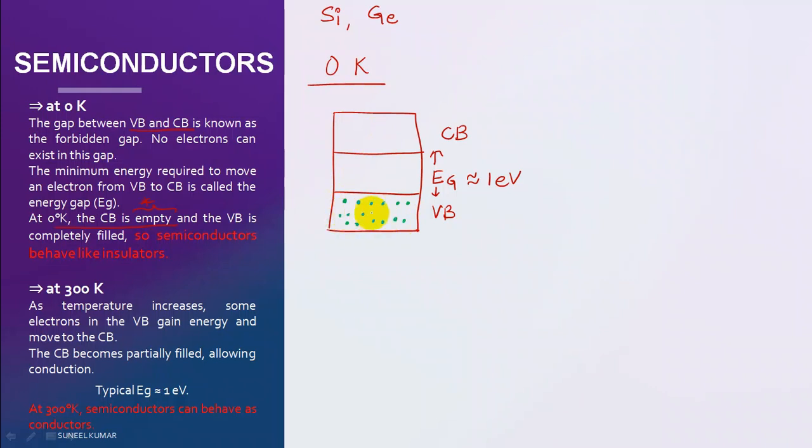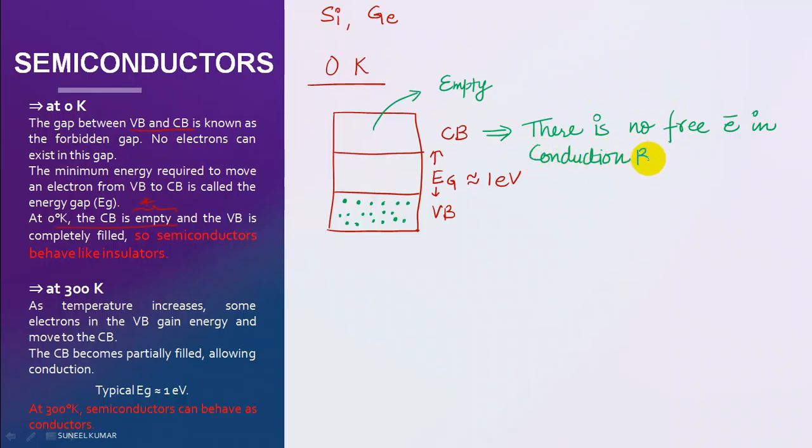At 0 Kelvin, what we can see here is that we have so many electrons bound in covalent bonds. These are all the electrons of covalent bonds, and this conduction band is empty. Conduction band is empty means there is no free electron in the conduction band at 0 Kelvin.